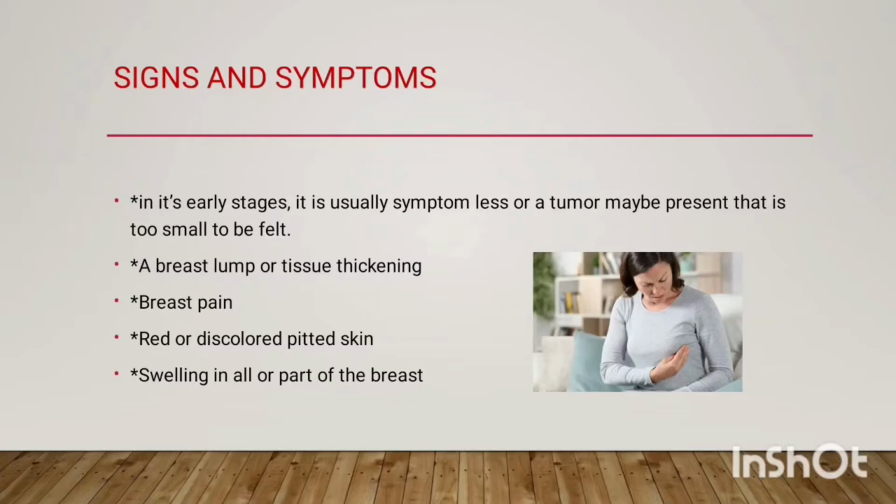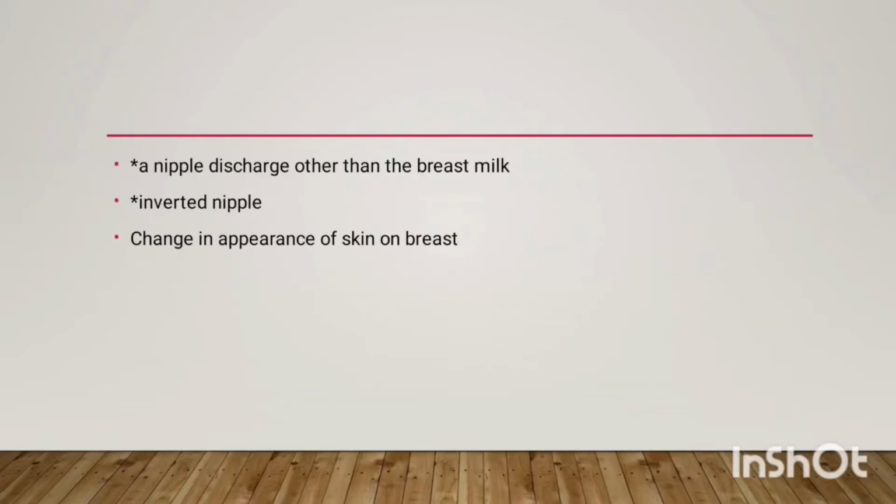The patient will have breast pain, red or discolored pitted skin, swelling in all or part of the breast, and nipple discharge other than breast milk. An inverted nipple is also a sign of breast cancer. And the last one is a change in the appearance of the skin on the breast. It is usually red in color, and there will be irritation or an allergy-type reaction over the area where the tumor is developing.